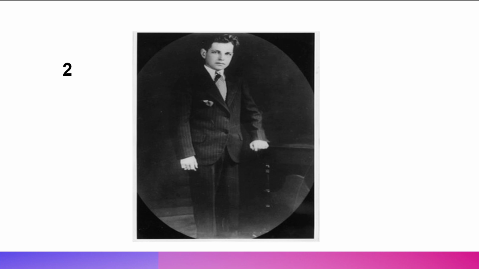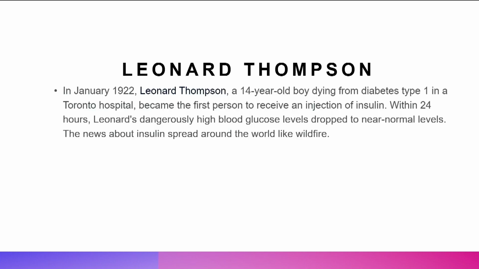Pass. Then D: Charles Best. This is Leonard Thompson, the first patient to receive insulin. So -5 for team D.